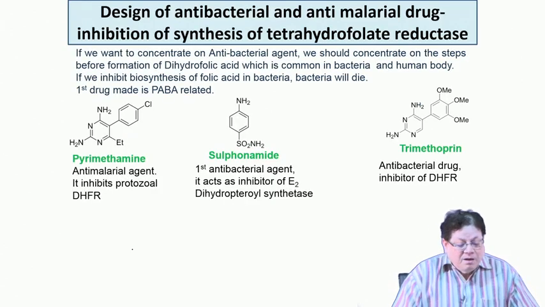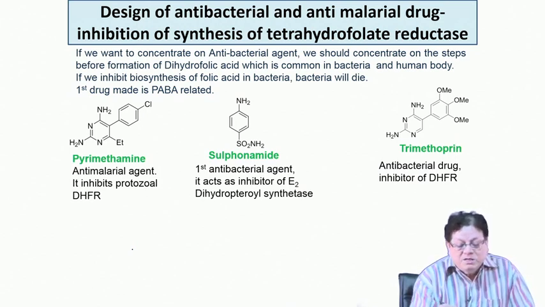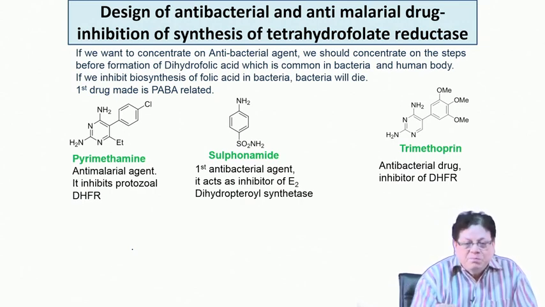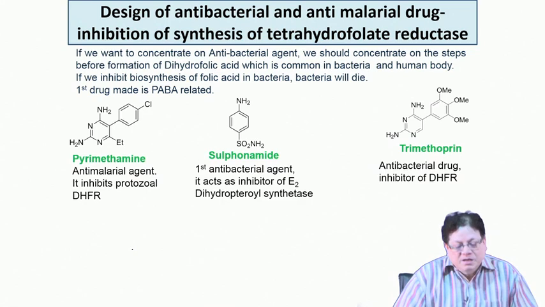Last time I also told you that the first type of drug that was developed was targeted to the enzyme which incorporates the para-amino benzoic acid into the dihydropteridine nucleus.